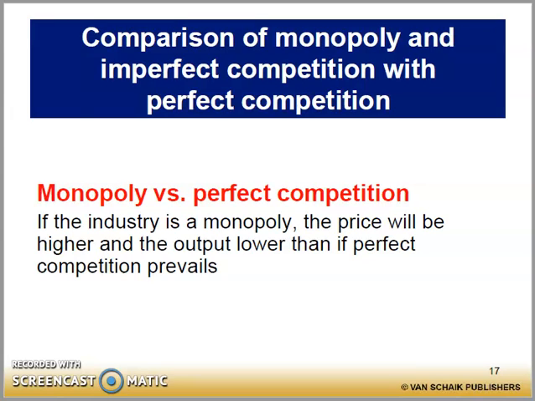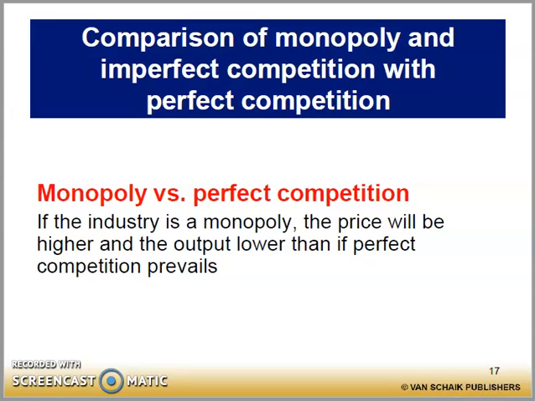Firstly, we're going to compare monopoly with perfect competition. Analytically, the only valid comparison is between the long-run equilibrium of a perfectly competitive industry or market and a monopoly. In other words, we compare a monopoly with a situation that would have prevailed if there had been a large number of firms producing the product under conditions of perfect competition.